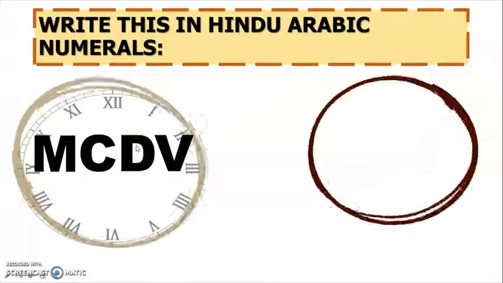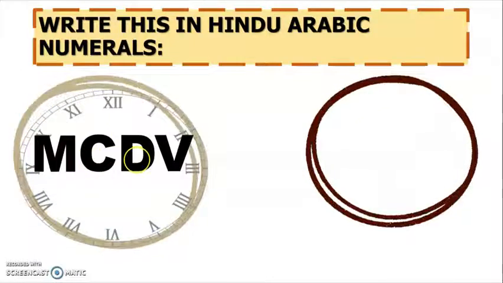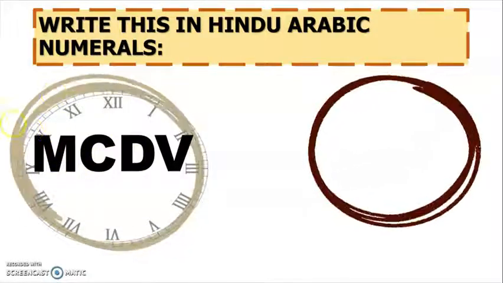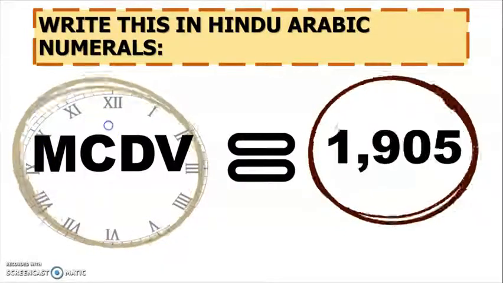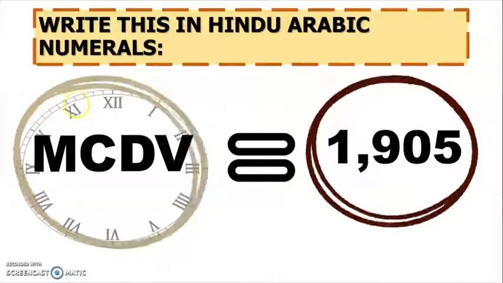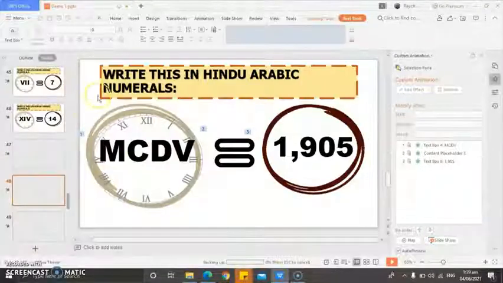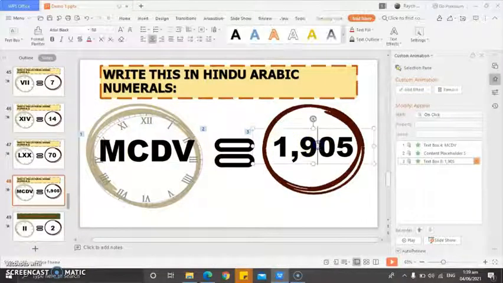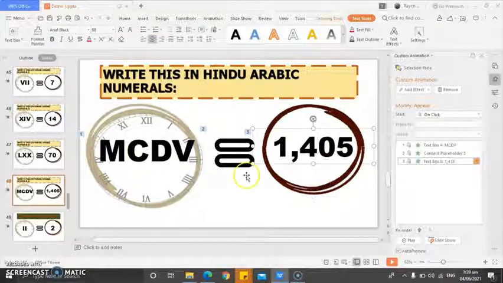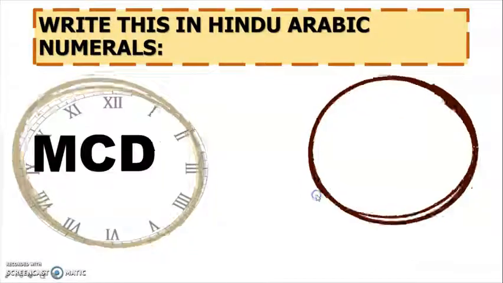Just simply subtract: 500 minus 100 is 400. Then D is higher than V, so you just simply add the remaining values M and V. So 1000 plus 400 plus 5 equals, it's not 1005, it is 1405. Sorry for the typo error.